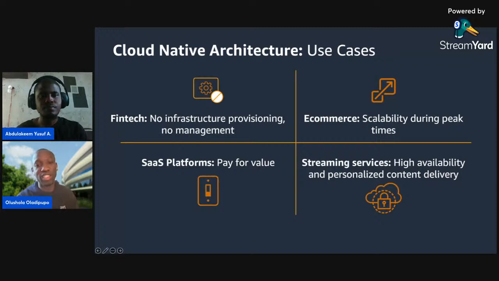An example of that, like I mentioned, is Netflix, Amazon as well, Prime Video on Amazon. Taking advantage of cloud native architecture for higher availability and things like personalized content delivery using machine learning.